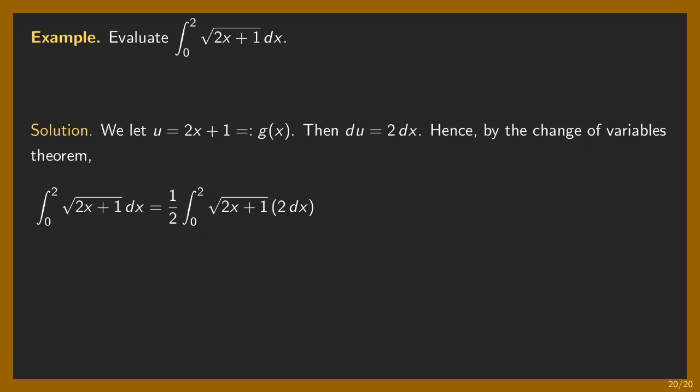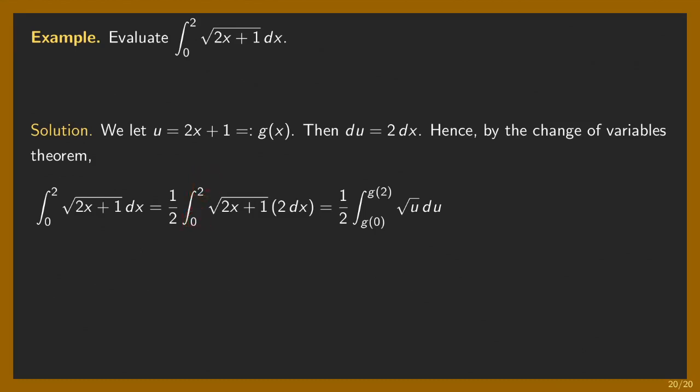So, ito na yung f of g of x times g prime of x dx. Ayan na yun. So, by the change of variable theorem, papalitan mo lang ng u. Pero, don't forget to transform the limits para hindi ka nababalik ulit sa x.